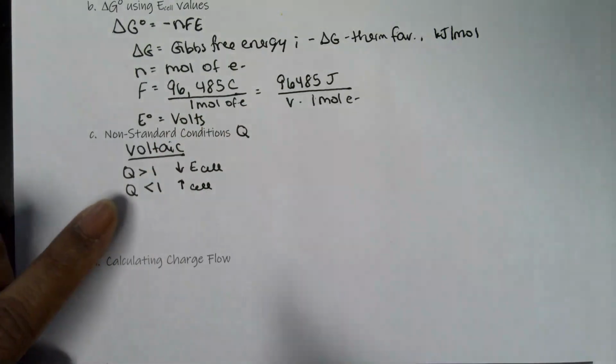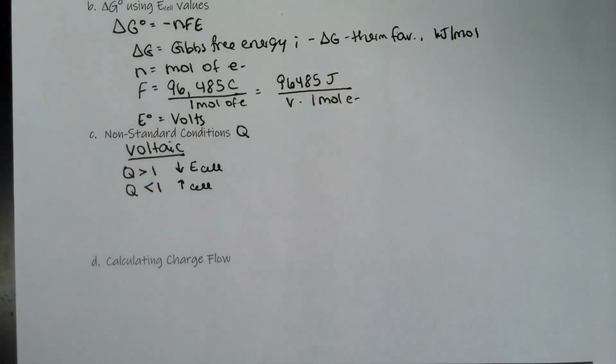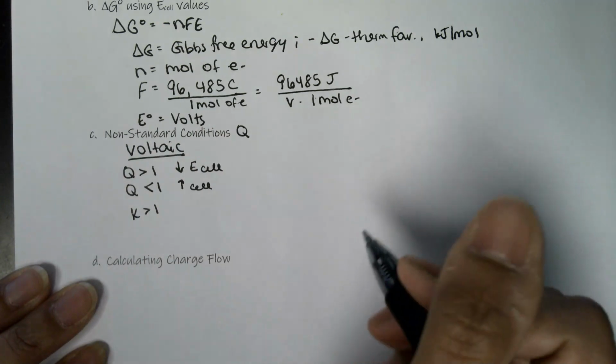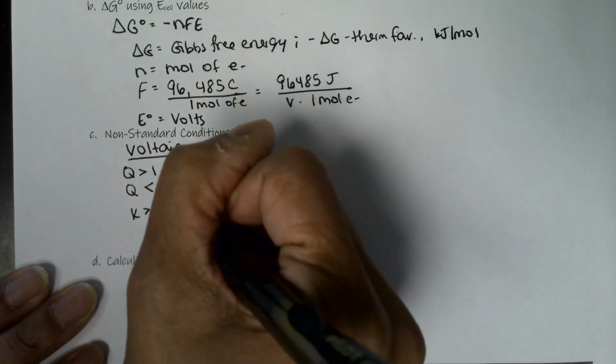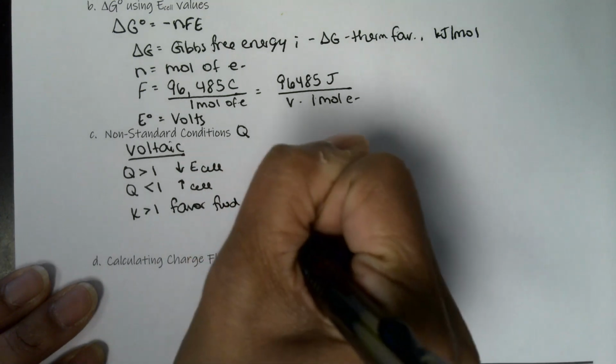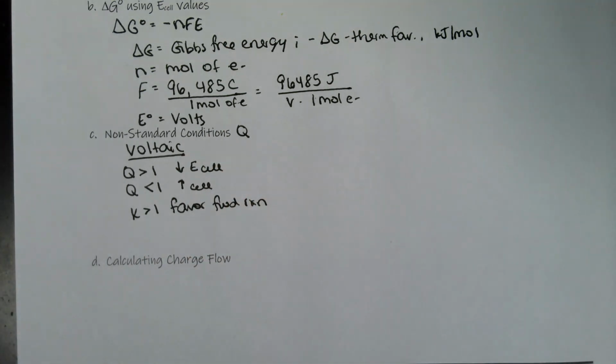Essentially, we're looking at what's going to happen with Q with respect to K. I know this part doesn't make too much sense right now, but hopefully it will in just a little bit. If K is greater than 1, that means that we favor the forward reaction. We're going to produce more of the products at the end.